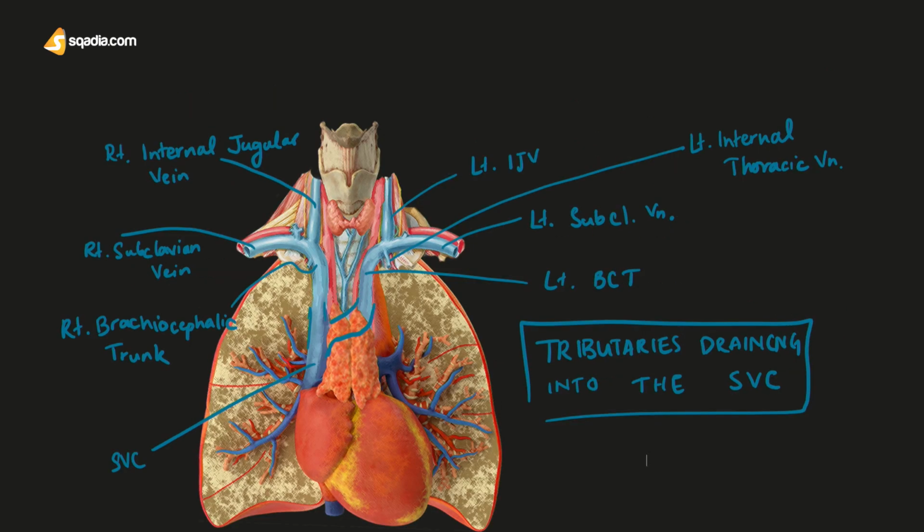Next, we have the pericardiacophrenic vein. This drains venous blood from the fibrous and parietal layer of serous pericardia and the diaphragm into the internal thoracic vein at the level of the superior thoracic aperture. Sometimes it drains directly into the brachiocephalic trunk. So in the diagram we have here, let me zoom in for you.